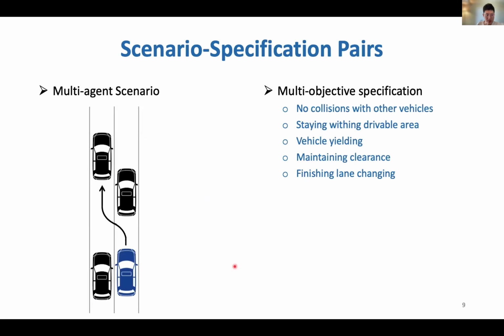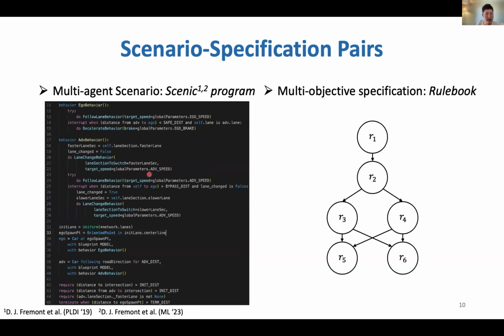And then in our benchmark, we collect several scenario and specification pairs. So basically, a scenario can be represented as a Scenic program, and a specification can be captured using the rulebook structure.